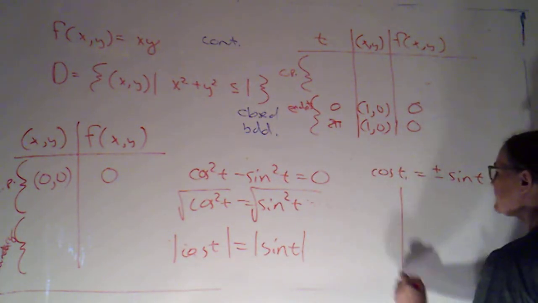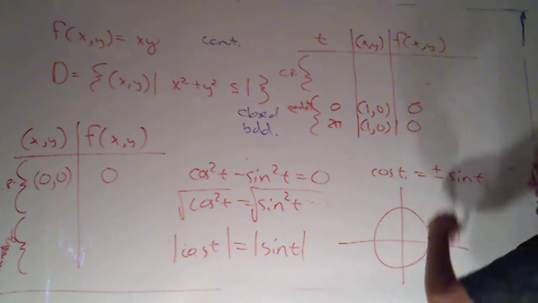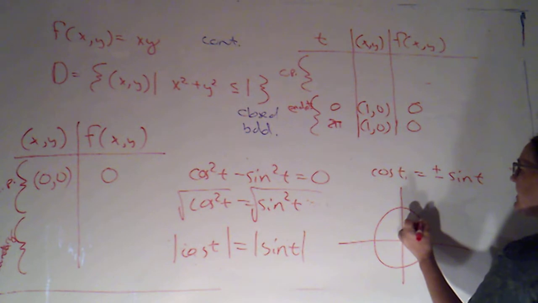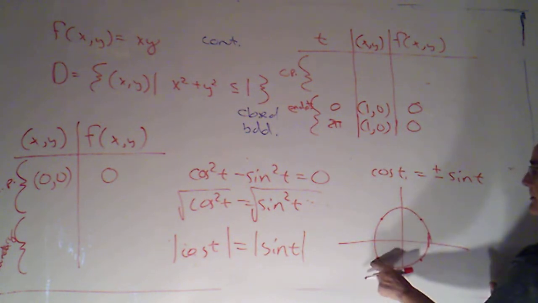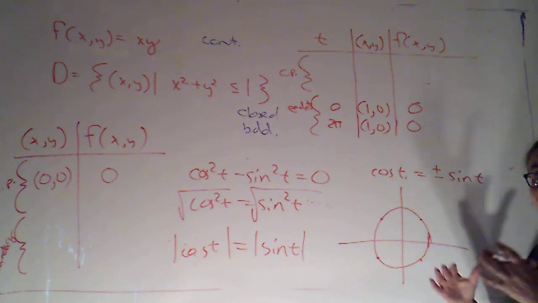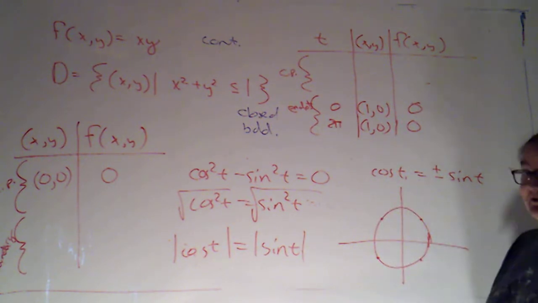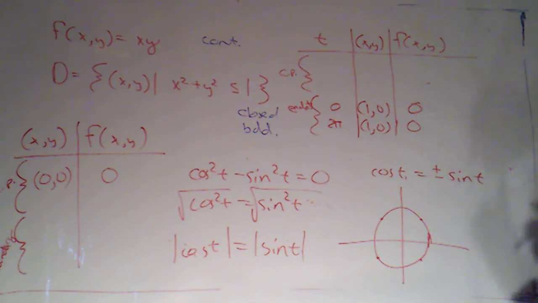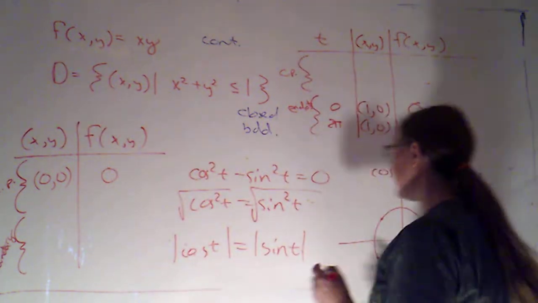Notice, because of the plus or minus, if I think of t as an angle, I'm going to be getting a point in each of the 4 quadrants. In quadrants 1 and 3, I'll have a solution to cosine is the same as sine. In quadrants 2 and 4, I'll have a solution to cosine is the opposite of sine. But for all of my solutions, the absolute value of sine and cosine has to be the same.